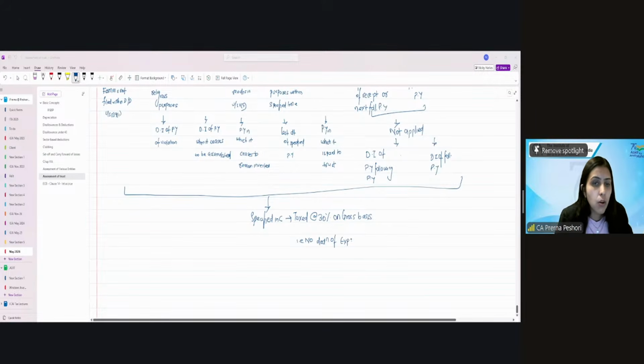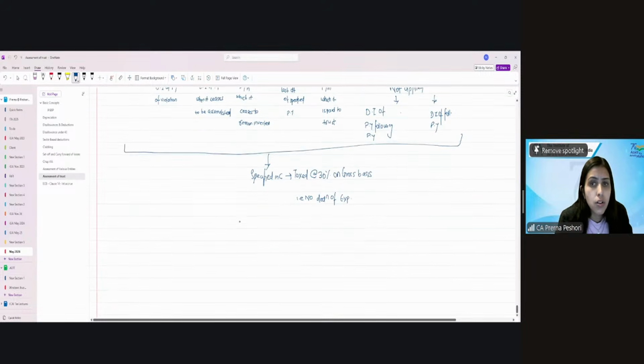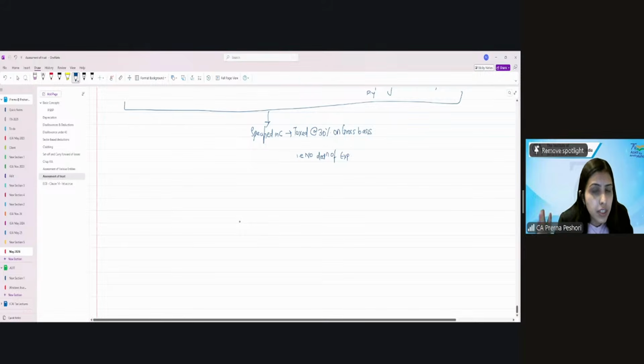Any questions, any doubt? Yes or no? Yeah, clear. Clear? Also, you have to consider this from the perspective that when you are not fulfilling these conditions, then your income will be deemed income and it will be taxed at 30%. Fine?